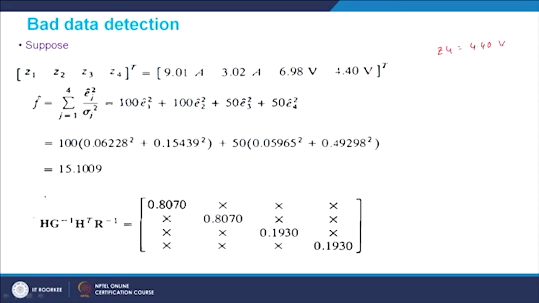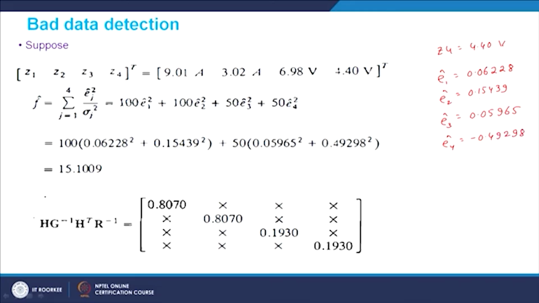For this we have also shown that the estimated errors were E1 hat is 0.06228, E2 hat is 0.15439, E3 hat is 0.05965 and E4 hat is minus 0.49298.